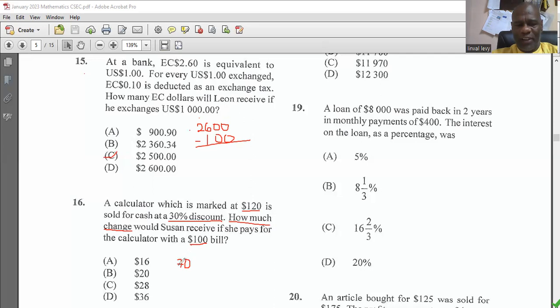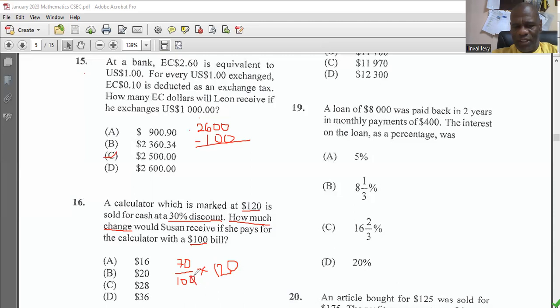So we can do that 70 over 100 times $120. Right? Then we can cancel our zeros.